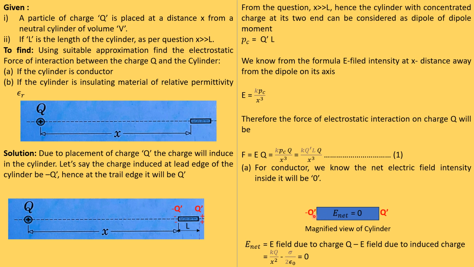and the E field due to the induced charges inside will be sigma by 2 epsilon naught. But due to the induced charges, the E field will be in this direction, whereas due to the capital Q, the E field is in this direction.